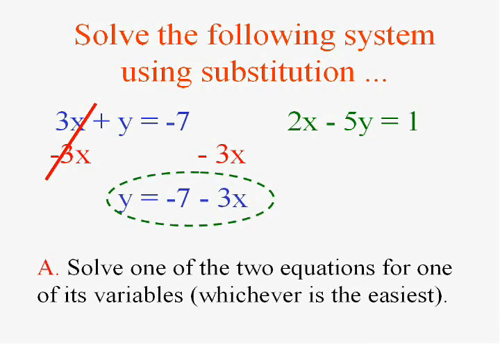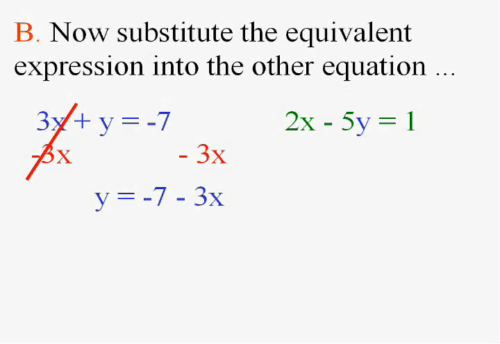Now what am I going to do? Well, what you do now is take what y equals, y equals negative 7 minus 3x, and substitute it, hence the name, into the other equation instead of y. And you see what you have now is an equation with only x's.